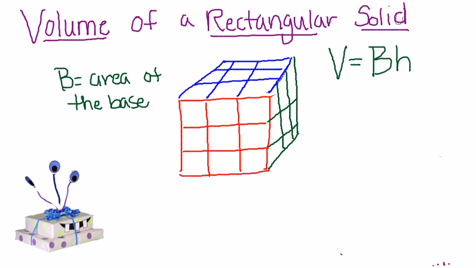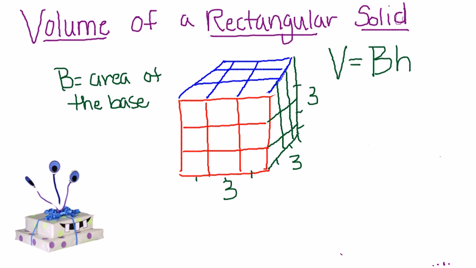Let's count up how many squares make up the base. I have 1, 2, 3, so it's 3 going that direction, and 3 going this way, and let's count how high: 1, 2, 3, so 3 going up.